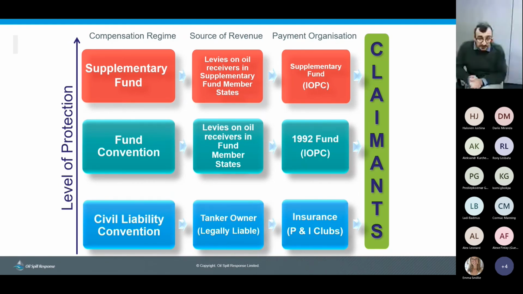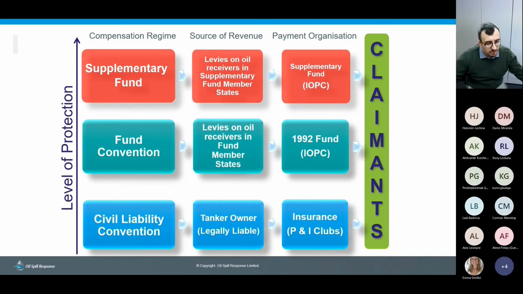The fund convention pays compensation when the damage exceeds the limit of the ship owner's liability under the Civil Liabilities Convention, as I've just mentioned. The ship owner is exempt from liability under the 1992 Civil Liability Convention.